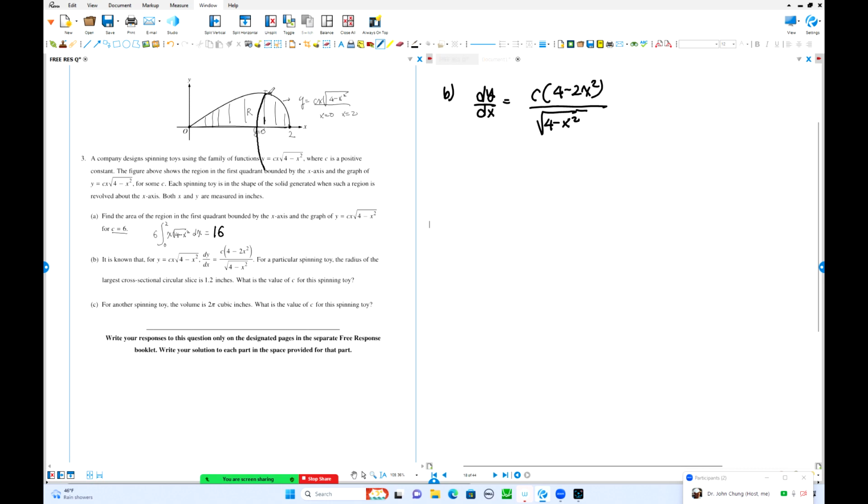When you make a cross-section over here, at some value of x, the radius is 1.2. What is the value of c? Why is it radius but the x is not radius?